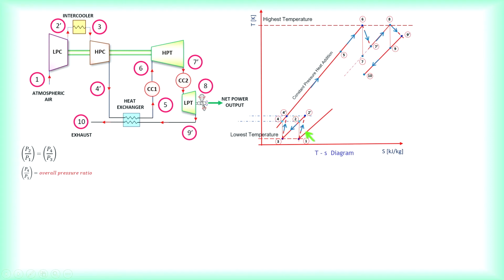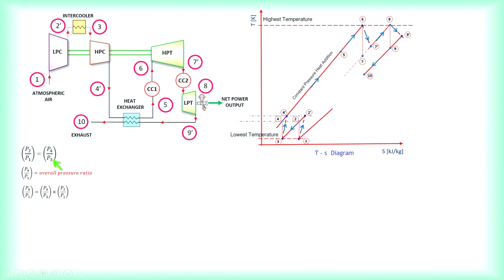These are the two outermost pressure lines. And since they say equal pressure ratio, this is actually the overall pressure ratio. Based on the overall pressure ratio, we can work out these two pressure ratios here. One is P2 to P1, and the other one is P4 to P3. So I've written it down in this form.